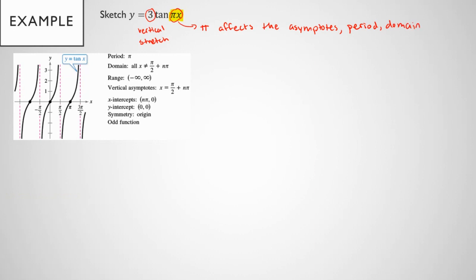Of course it affects the x-intercepts as well, but that is mostly affected if you're adding or subtracting things to x. In this case, our x-intercepts are going to be roughly the same. What's going to happen is that they're going to be labeled differently.